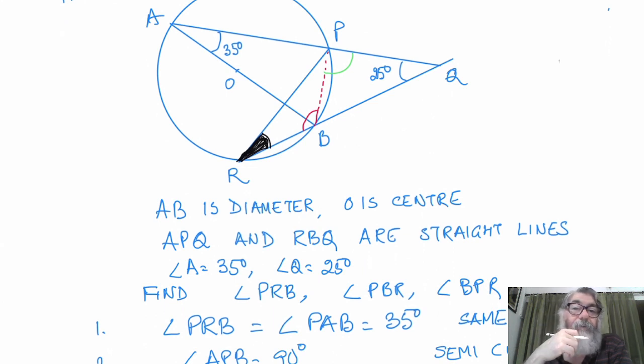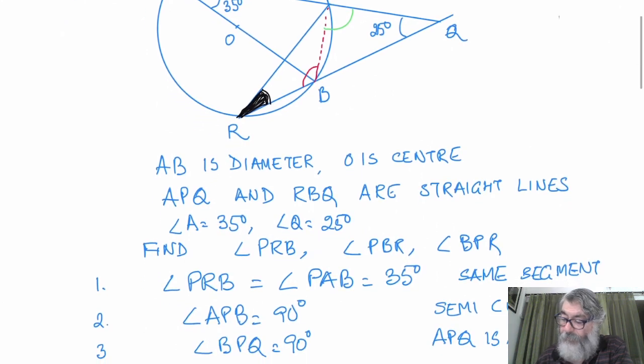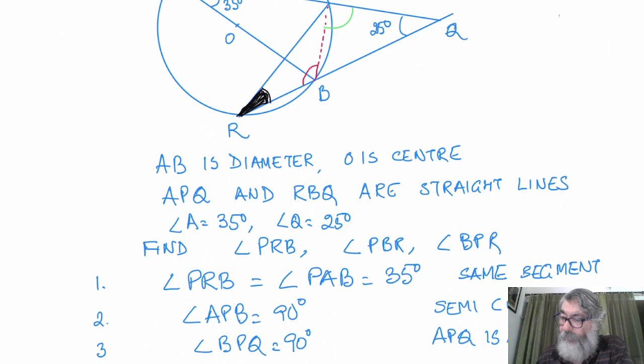And then we say, what is the value of angle PBR? We want angle PBR. Now just look at the triangle PBQ. For triangle PBQ, angle PBR is an exterior angle, which will be 90 plus 25, that will be 115.